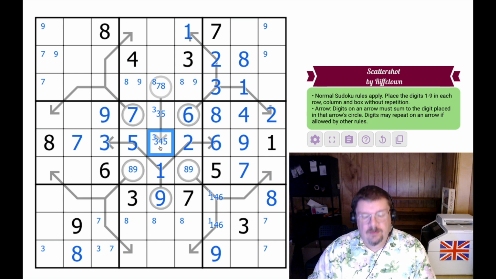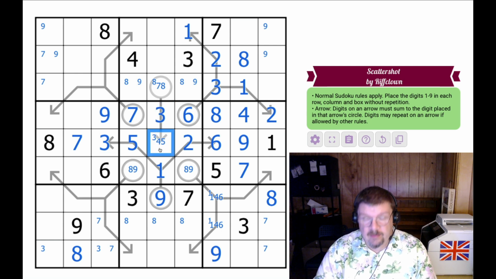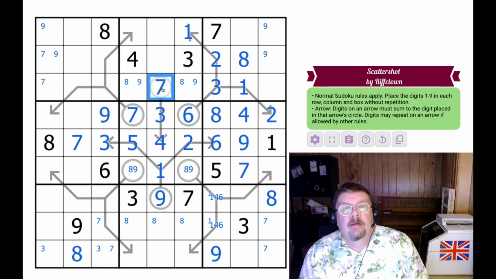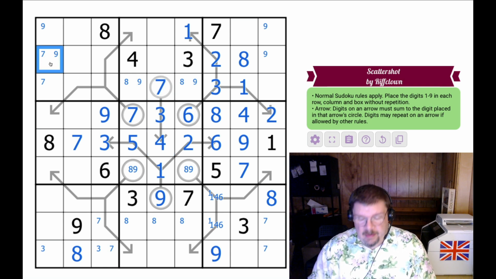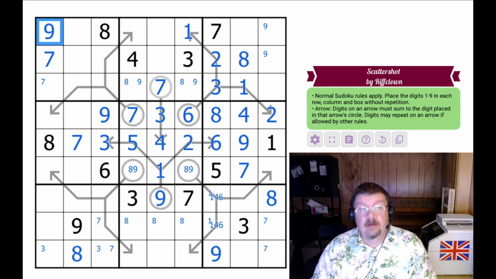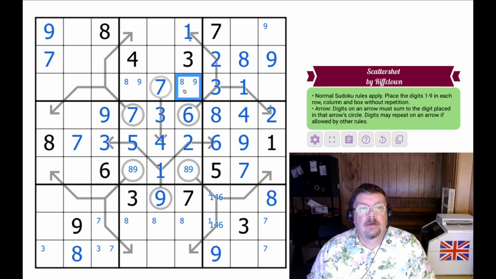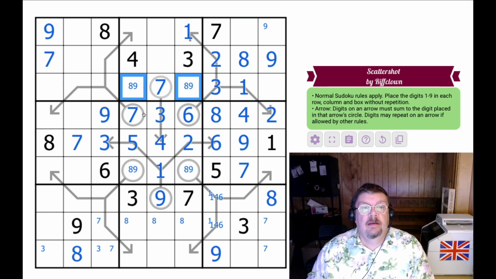That means that that's not a 3, and that's not a 5, that's a 4. That's a 7. This is a really nice puzzle. That becomes 7, and that makes that 9, which makes that 9. That is an 8-9 pair.